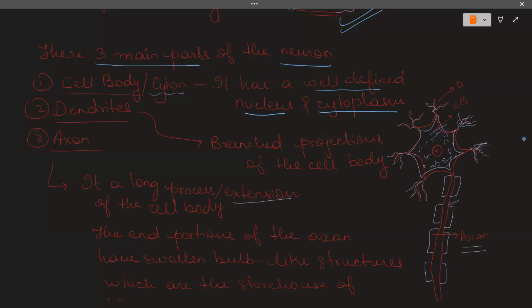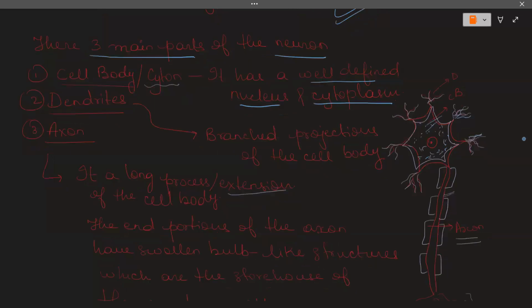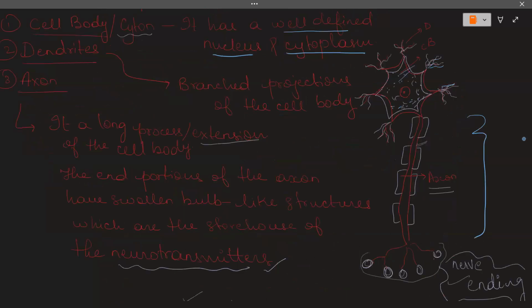Now, if you see this very long portion, this is the axon. The axon is a long process or long extension of the cell body. The end portions of the axon have swollen bulb-like structures which are the storehouse of neurotransmitter.